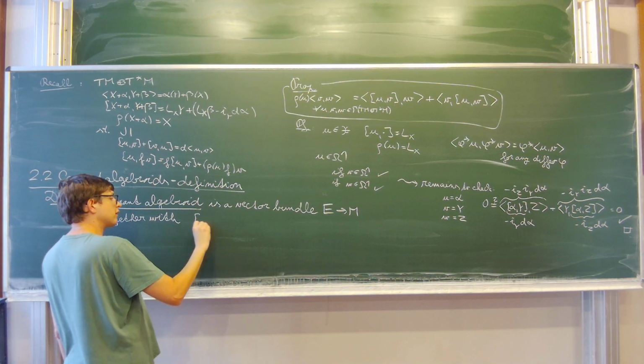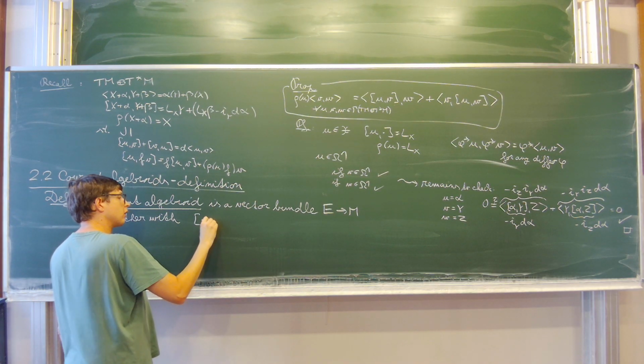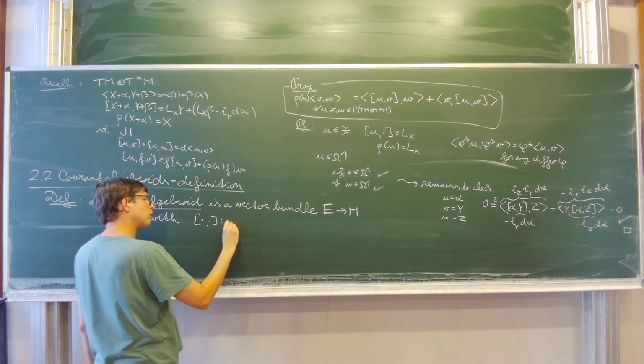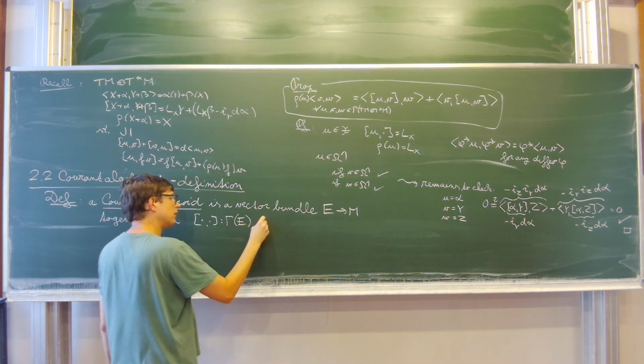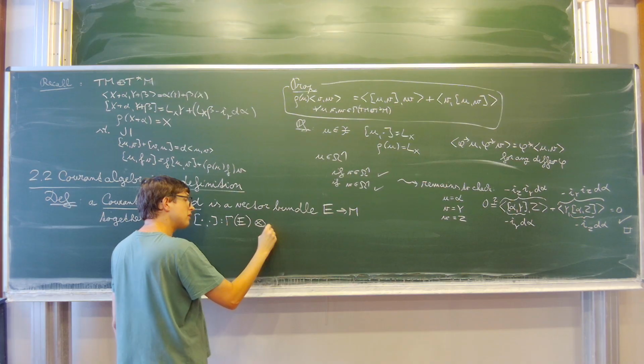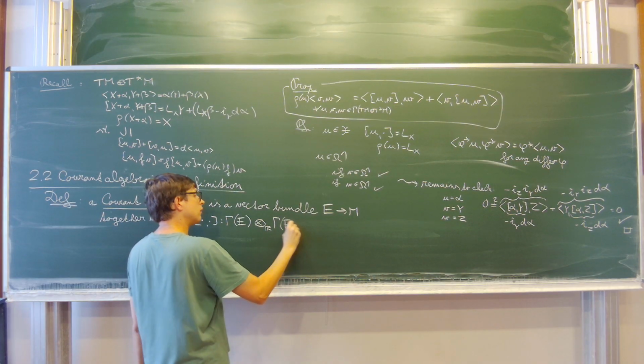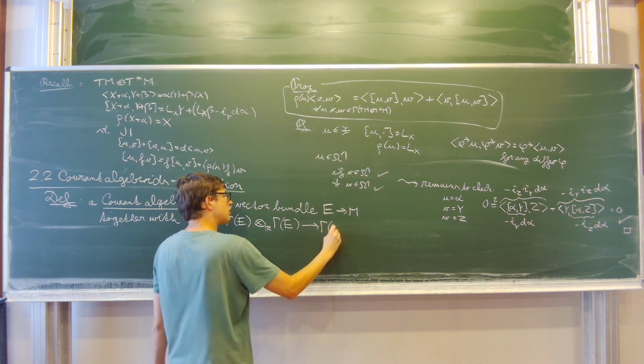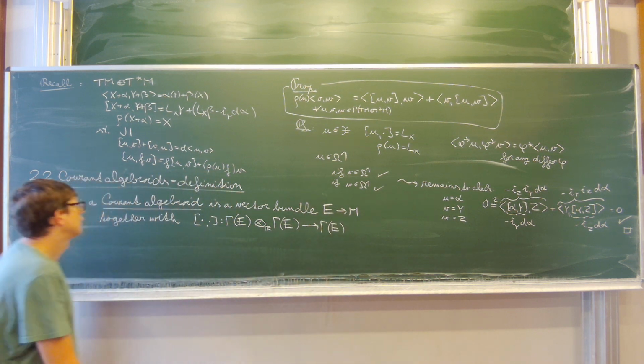So a bracket, most prominently, which goes from sections of that bundle, which is bilinear over real numbers, and takes two sections and creates a third one. That's one.